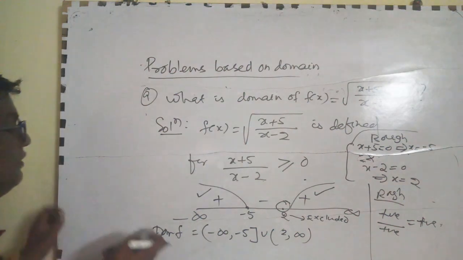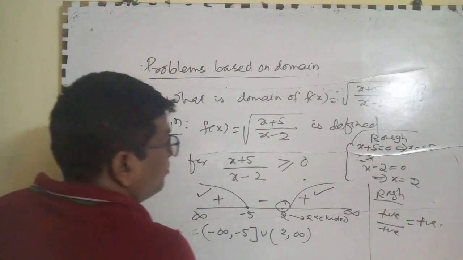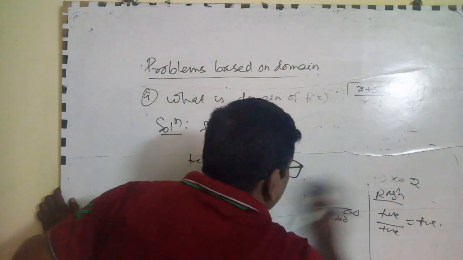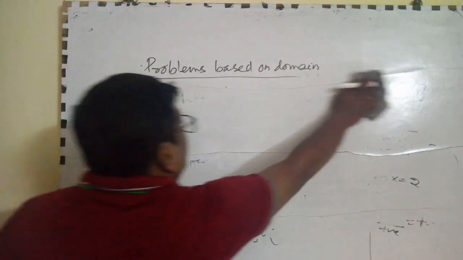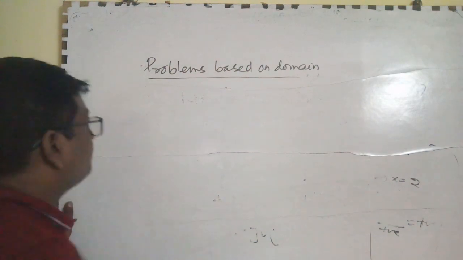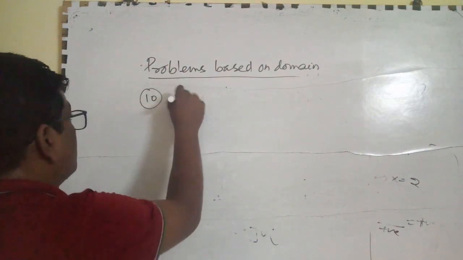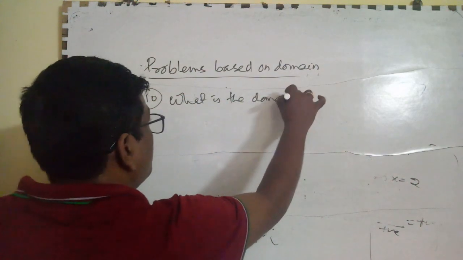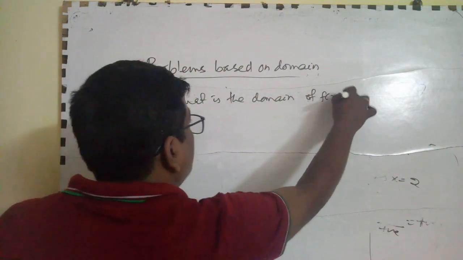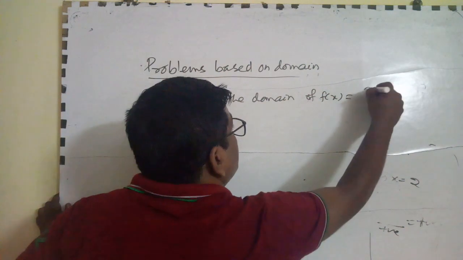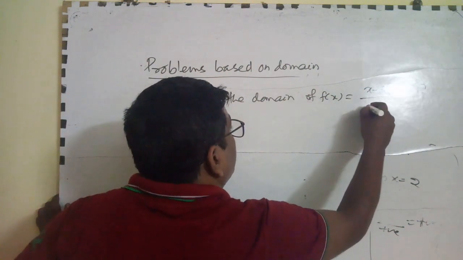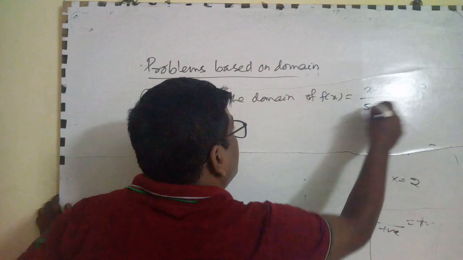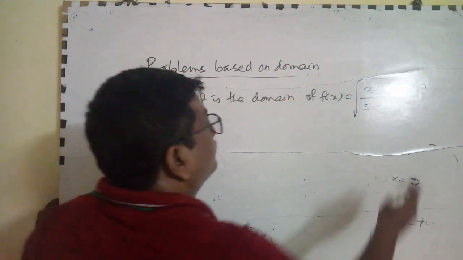Then question number 10. What is the domain of f of x is equal to root over x minus 3 divided by 5 minus x?